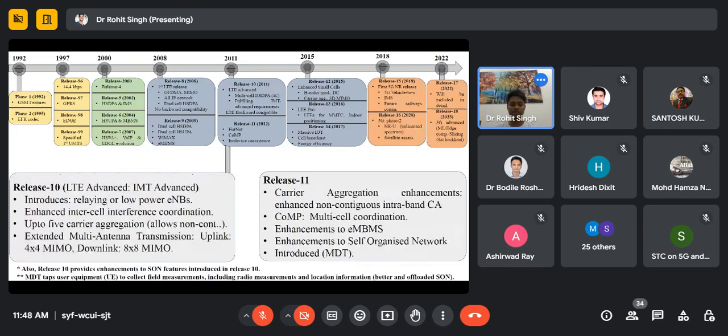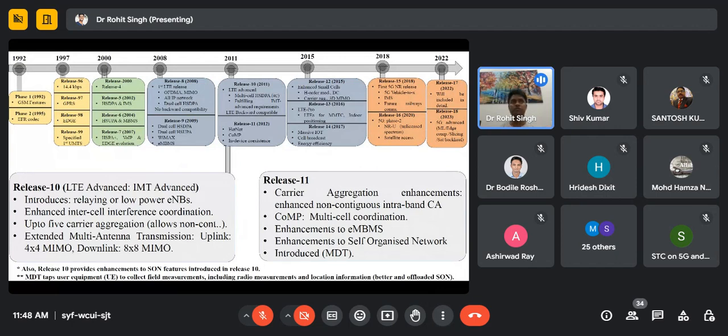Next is release 10, which is again connected to the fourth generation of communication system. Releases 10 and 11 combinedly make some enhancements. For example, first one is that it allows carrier aggregation. So if one carrier is not sufficient for the data transmission of a user, you can assign 2 carriers.